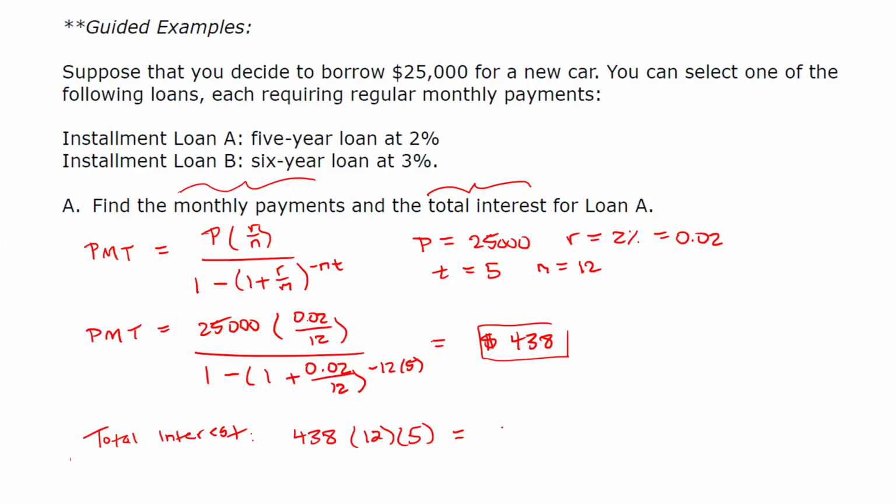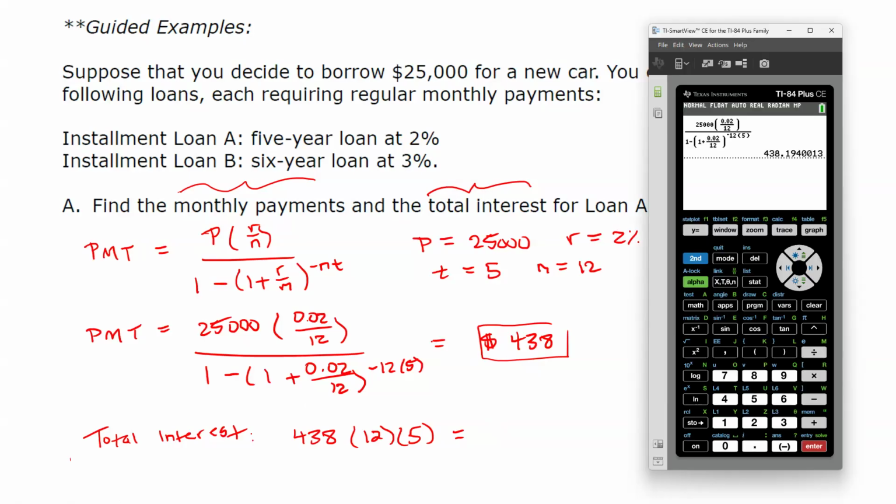So the total amount that we are going to spend for this loan is going to be 438 times 12 times 5. So that's going to be a total of $26,280.